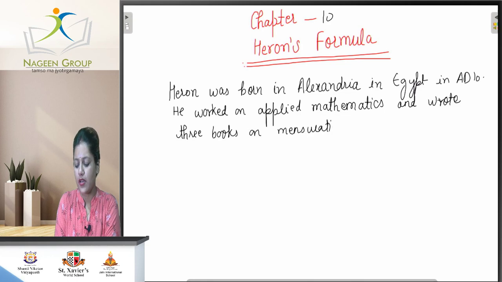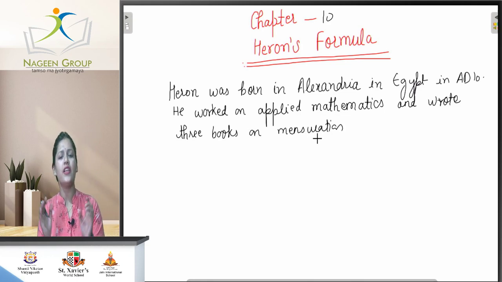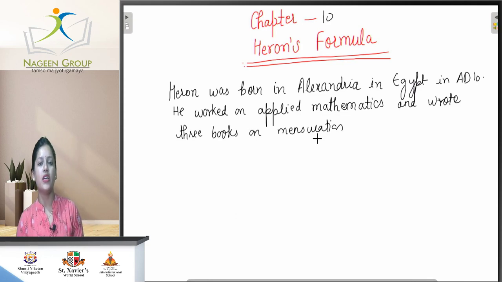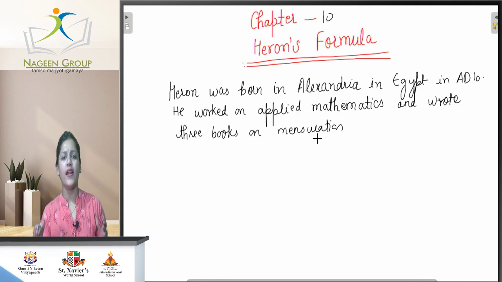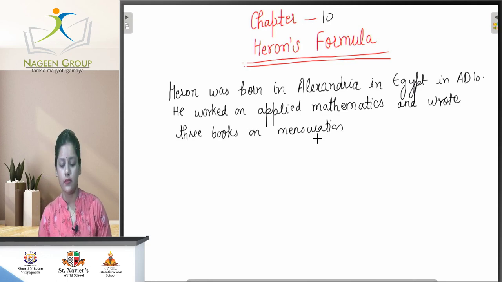There is a chapter which you are going to study in class 10, that is mensuration, which is mainly related to the areas of different shapes and sizes of things like triangle, quadrilateral, parallelogram, rhombus, kite, rectangle, square, with different sides. All that area is included in the book written by Heron, that is mensuration.